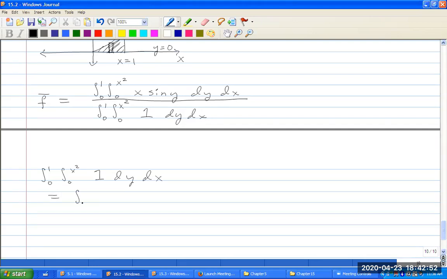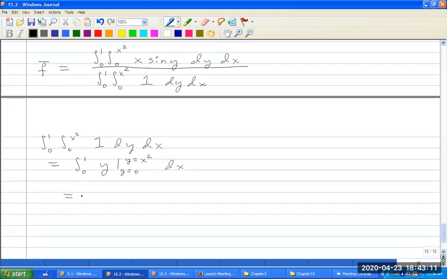So the integral from 0 to 1 of y between y equals 0 and y equals x squared is just the integral from 0 to 1 of x squared.